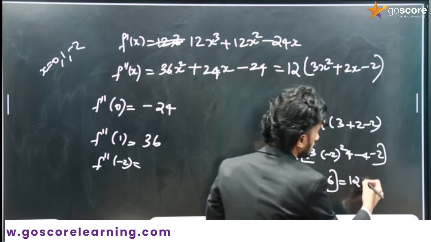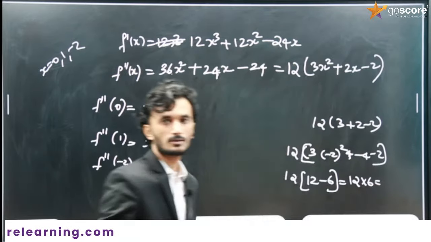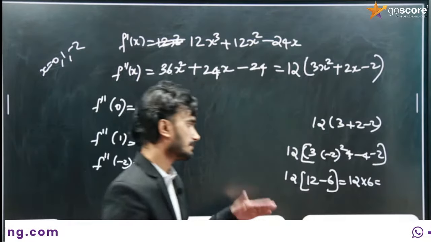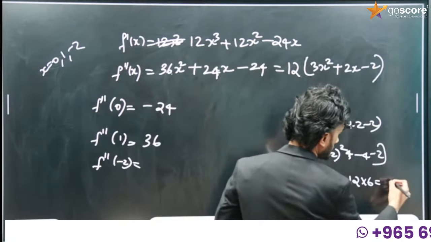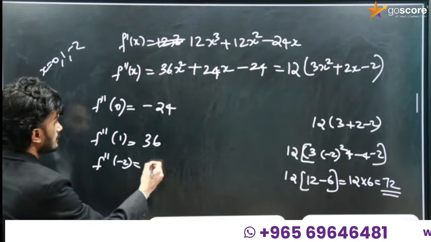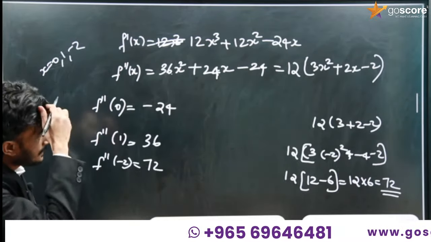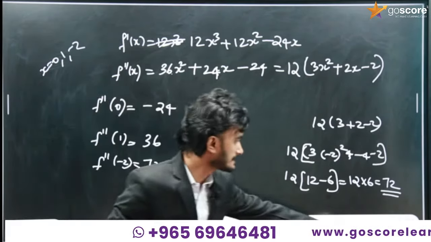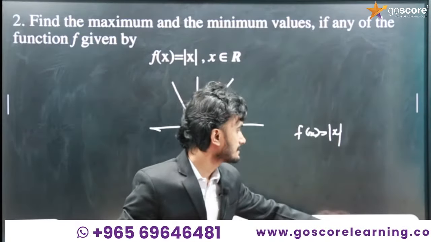So 12 into 6. What is 12 into 6? 12 into 5 is 60, then plus 12, it is 72. Yes, 12 into 6 is 72. So we can check these values based on this second derivative test.